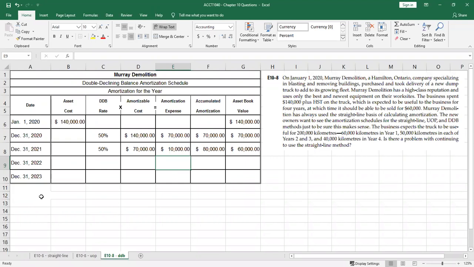And in this case, there is not a real good reason to change from straight line to units of production. The company has been using straight line for a long period of time, and the straight line method will continue to provide a realistic match against revenues, and will continue to be used into the future for consistency purposes.